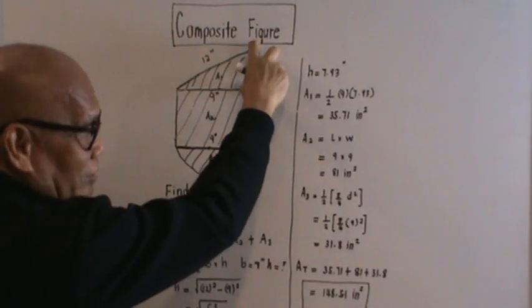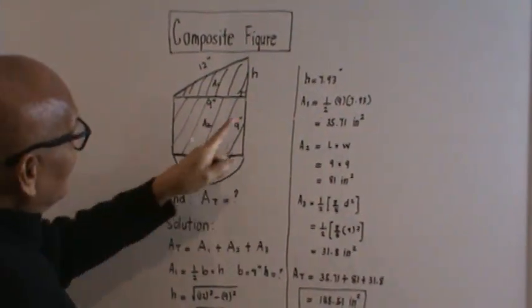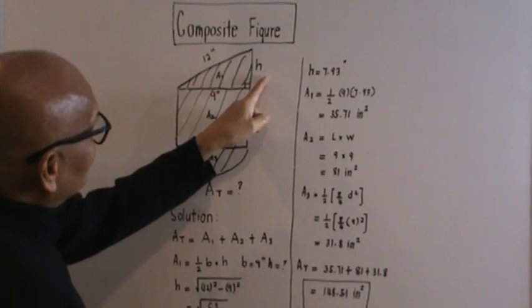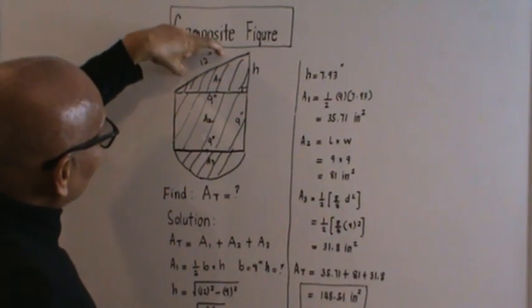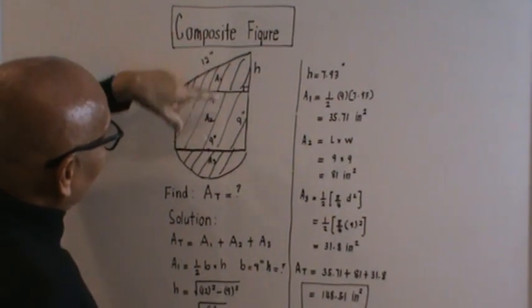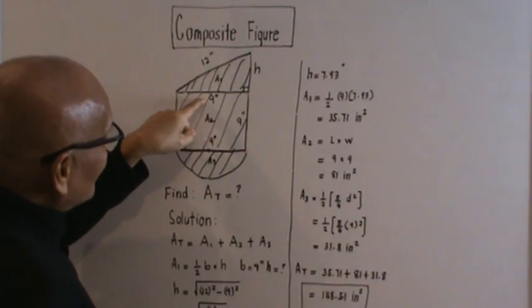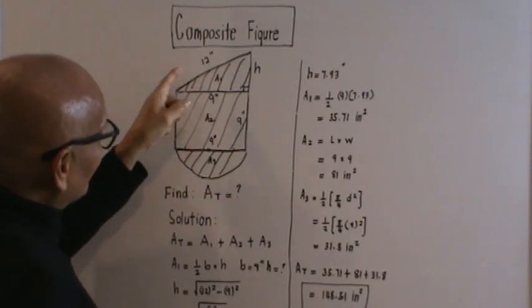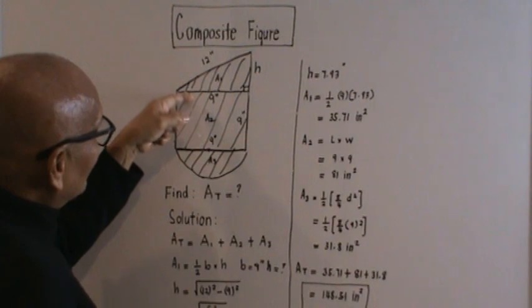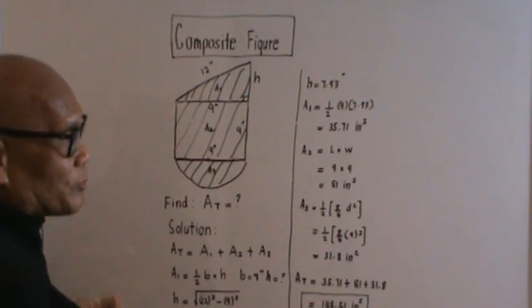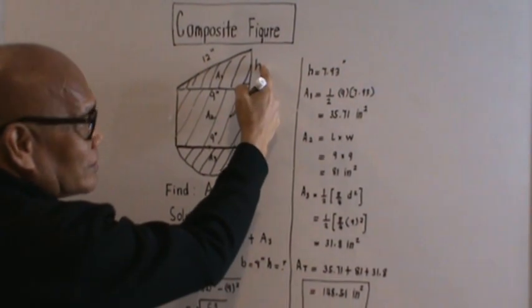We are not given the height, but we can compute it because we are given the hypotenuse and the base, which is the adjacent side, considering this angle here. By using the Pythagorean principle, we can compute for h.